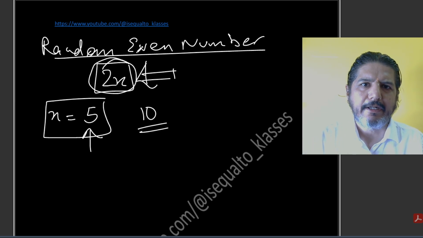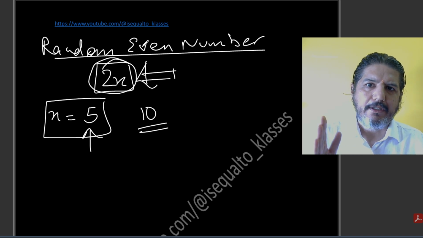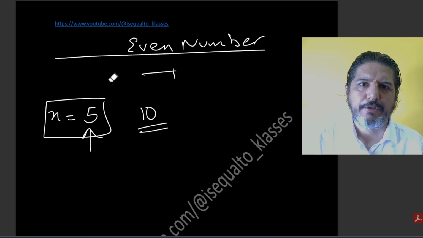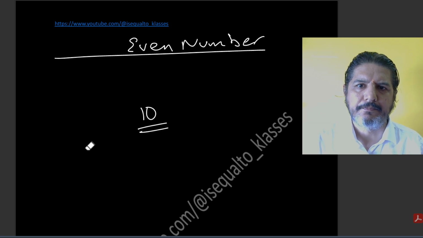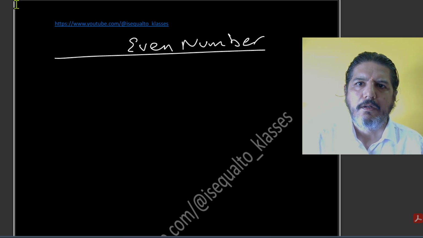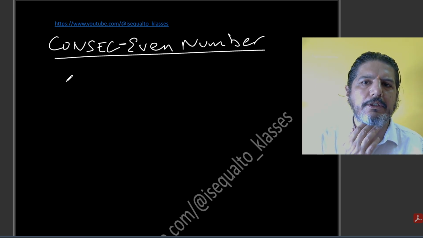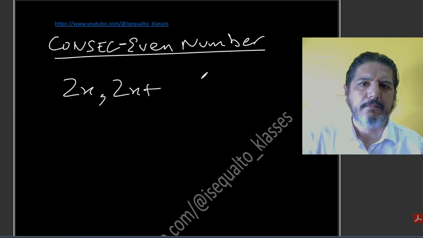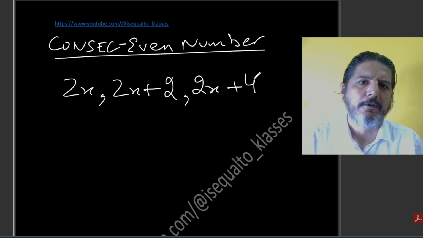So this is about the random even number. Now let's understand what we do when there are consecutive even numbers. If the first number is 2x, then the consecutive number would be 2x plus 2. Another number, if you want to have, will be 2x plus 4.